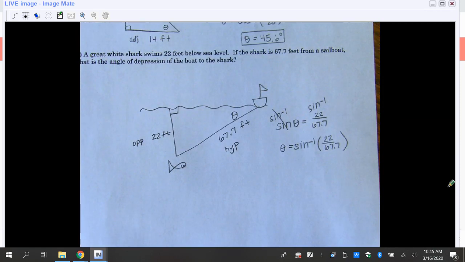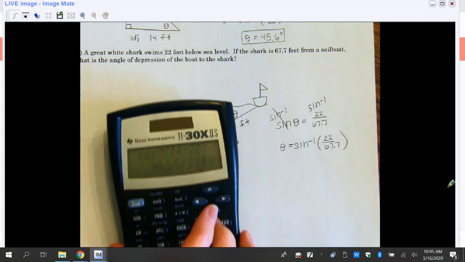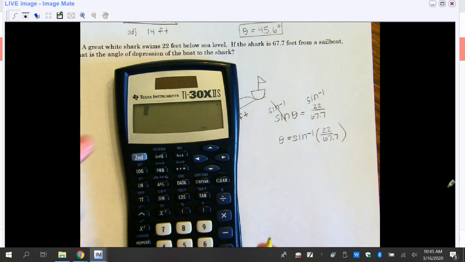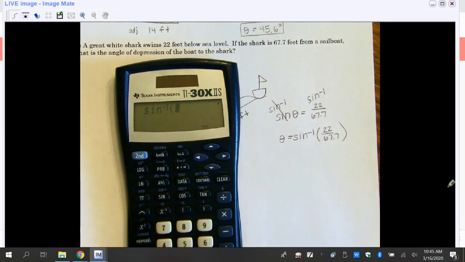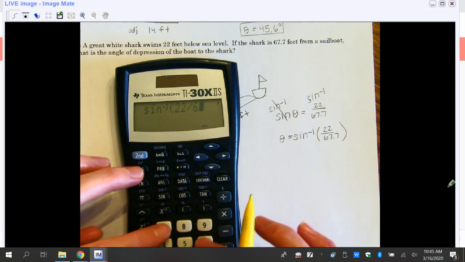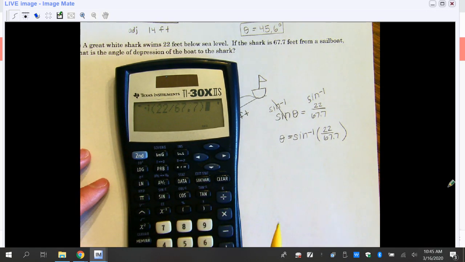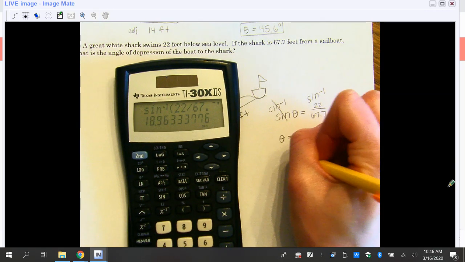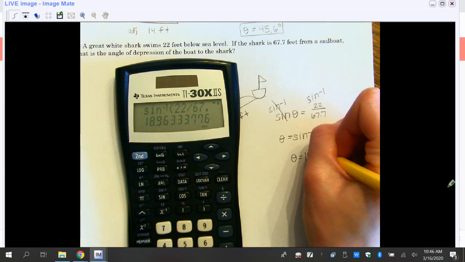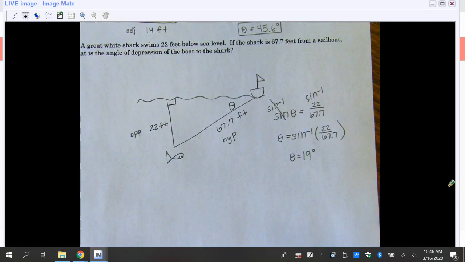Simplify that right side. You don't have to necessarily write that step, I just want you guys to be able to see it. So inverse sine of 22 over 67.7 is going to be about 18, that 6 will bump that 9 up, so I'll say about 19 degrees is the angle of depression.